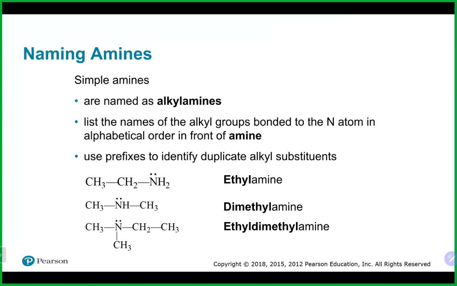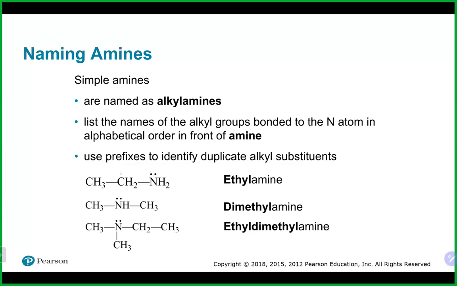So for simple amines, we'll go with that type of naming. We just name the groups. The groups would obviously be in alphabetical order like normal. You do not need to necessarily give the location of where those groups are. You could just tell it alphabetically what's there.